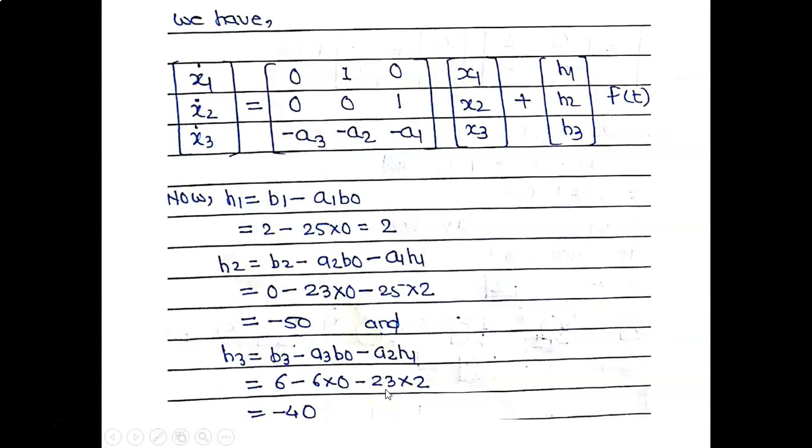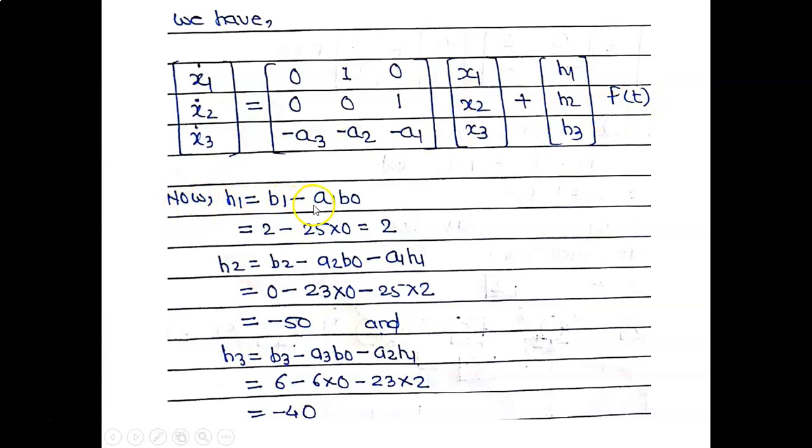Putting this in matrix form, we have x1 dot, x2 dot, x3 dot equal to [0 1 0; 0 0 1; minus a3, minus a2, minus a1] times x1, x2, x3, plus h1, h2, h3 into f of t.